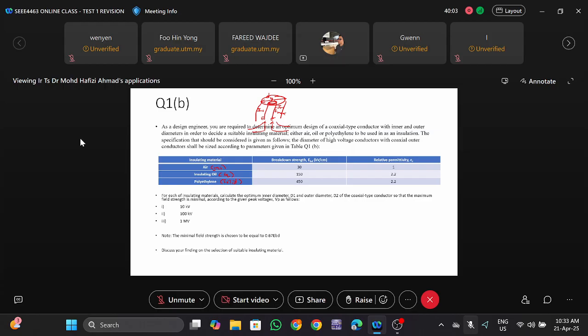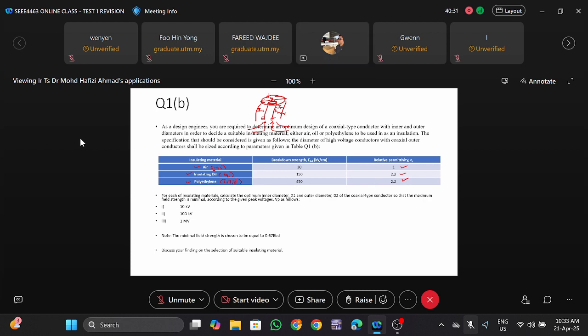If the electric field is over their breakdown strength, then the insulating material may fail. We also have the relative permittivities given here: 1 for air, 2.2 for oil, and also for polyethylene, for liquid and solid insulations.